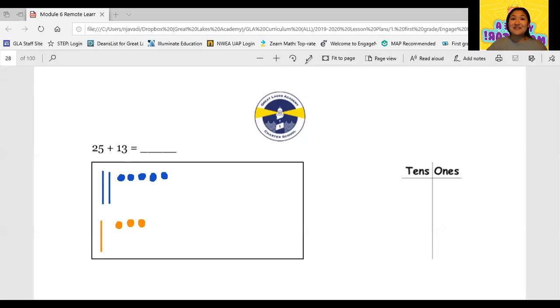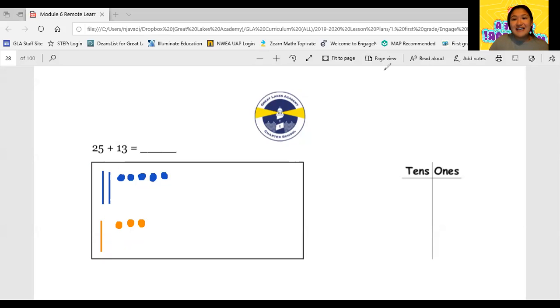Hopefully you got a picture that looks something like mine. I drew 2 10s, 5 ones to show 25, 1 10, 3 ones to show 13. Now let's put them in our new type of place value chart over here that helps us do vertical addition.